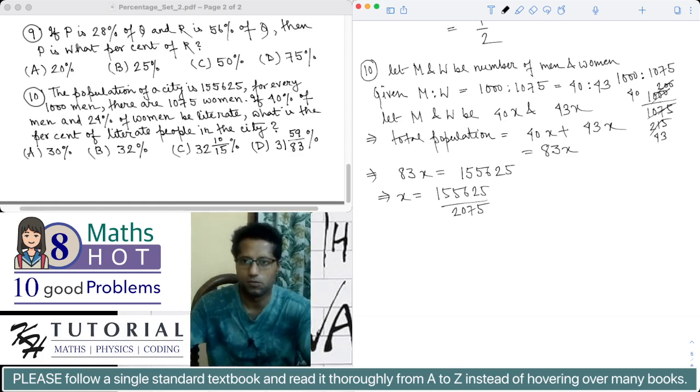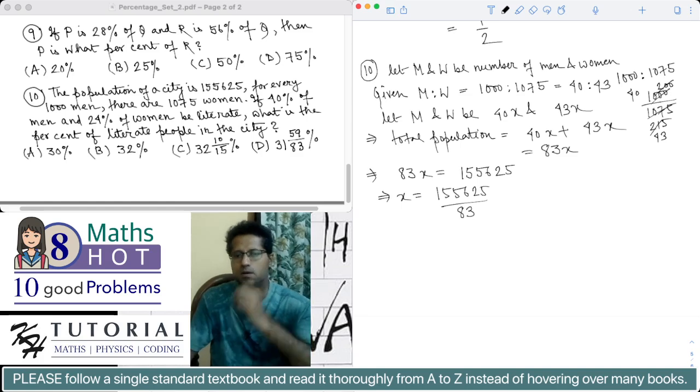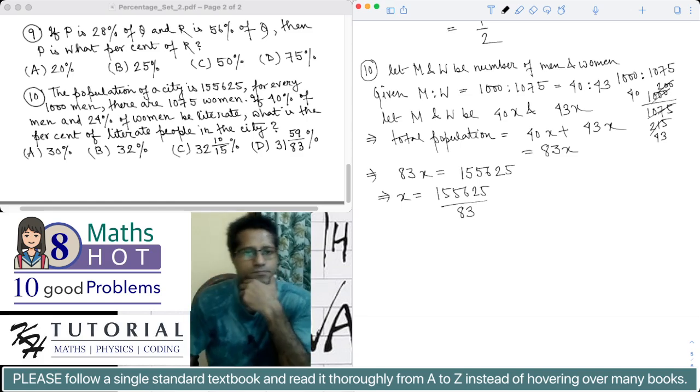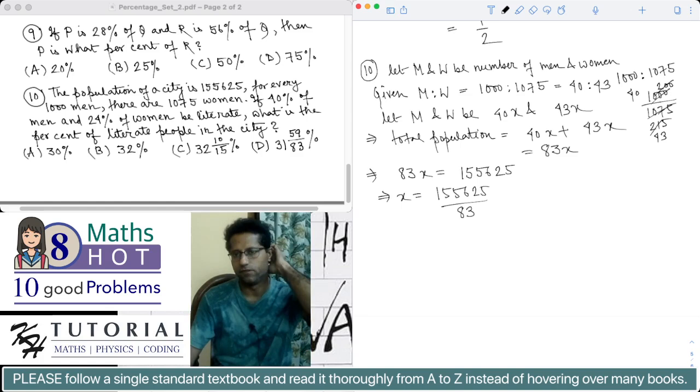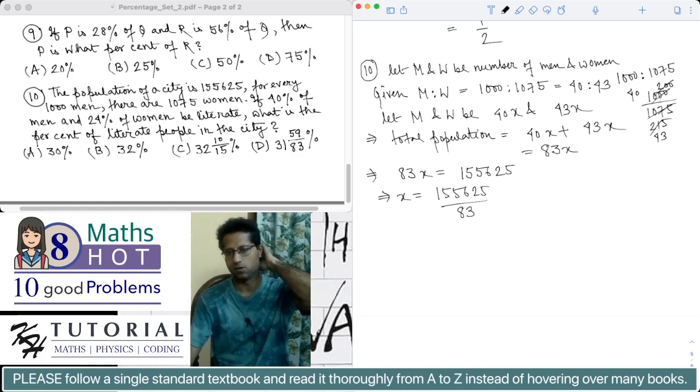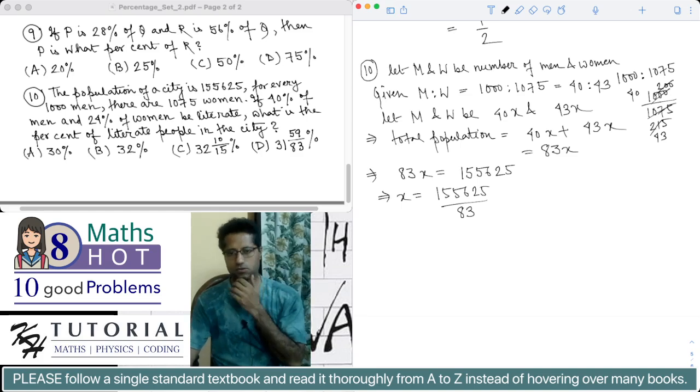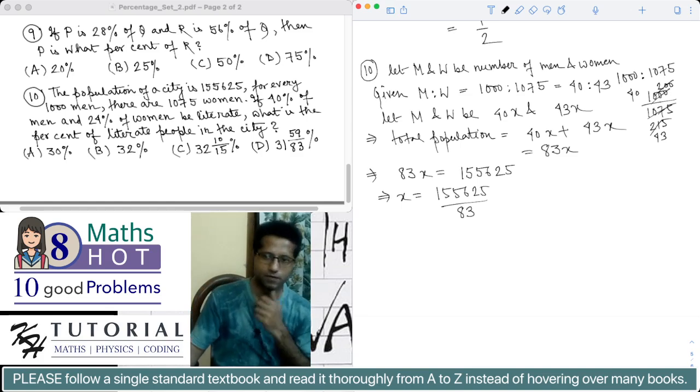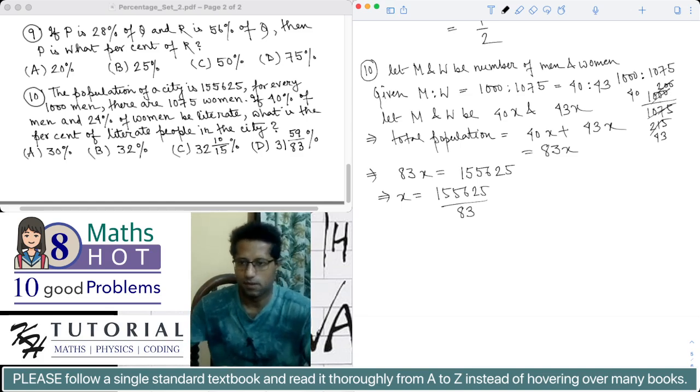So x will be equal to the given population divided by 83. Now, x has to be an integer, because the number of men and women has to be an integer. So definitely 40x and 43x have to be integers, and so x has to be an integer. So 83 must exactly divide 155,625.